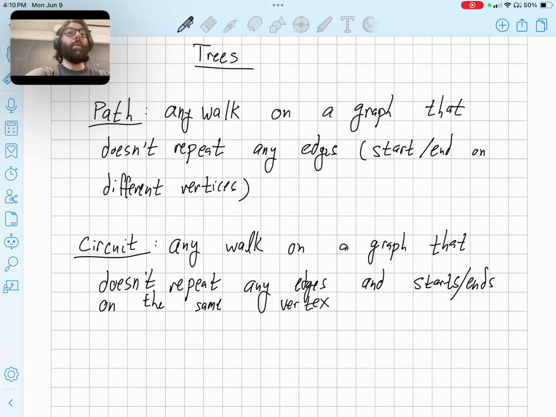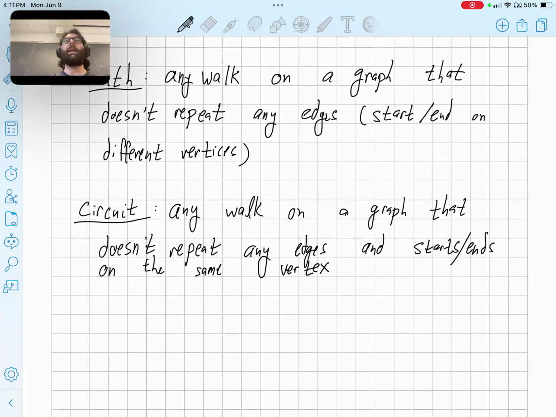Okay, and so we have Hamiltonian circuits, we have Euler circuits. These are all examples of circuits, but an arbitrary circuit can repeat vertices, not edges, and it doesn't have to use all of the vertices, and it doesn't have to use all of the edges. As long as it doesn't repeat any edges, it's a circuit.